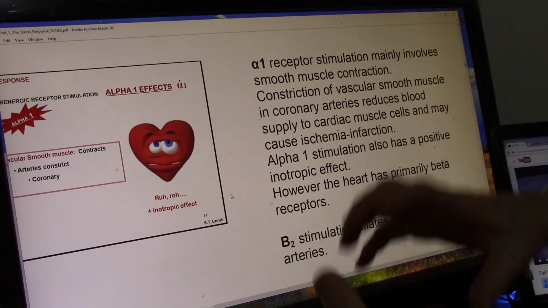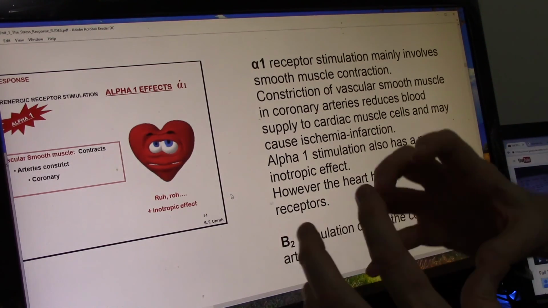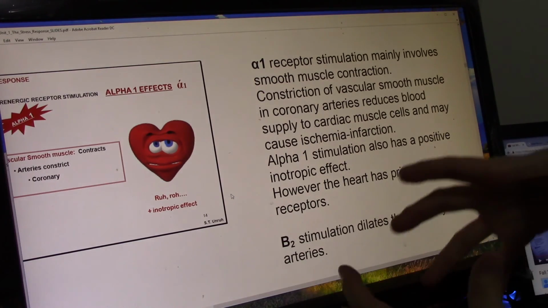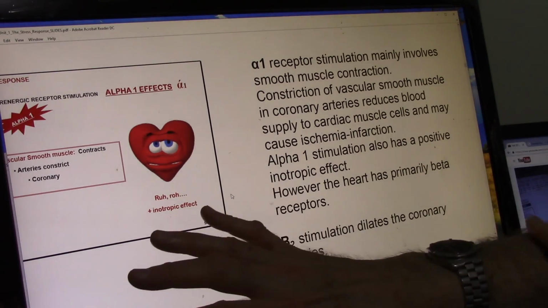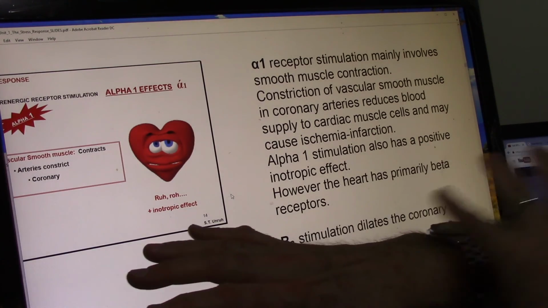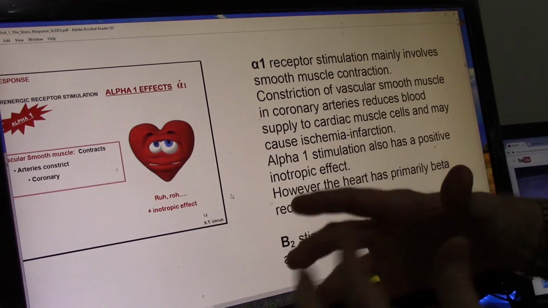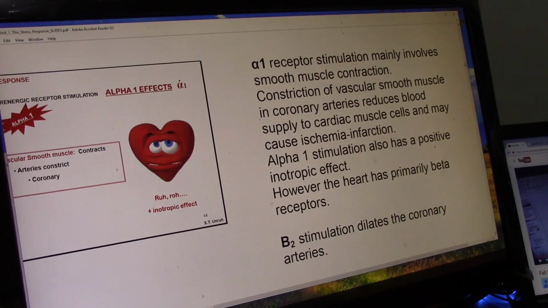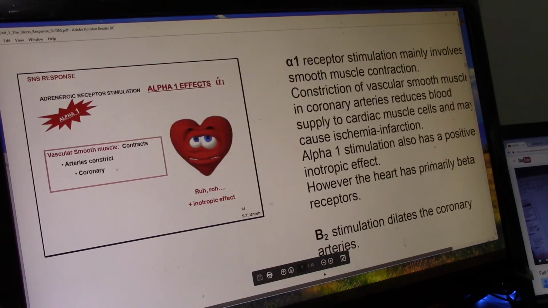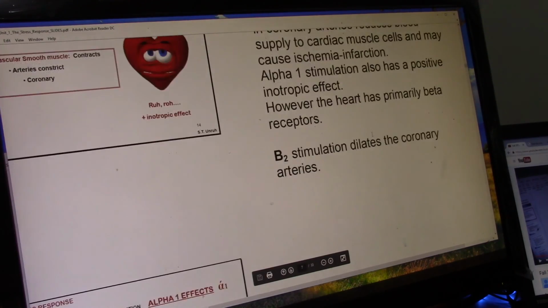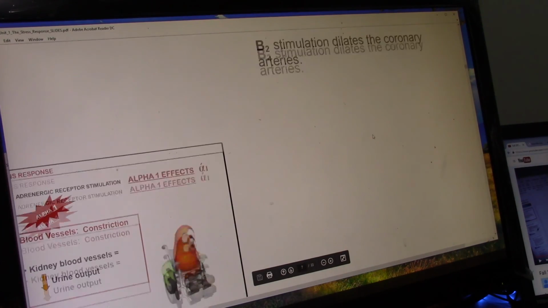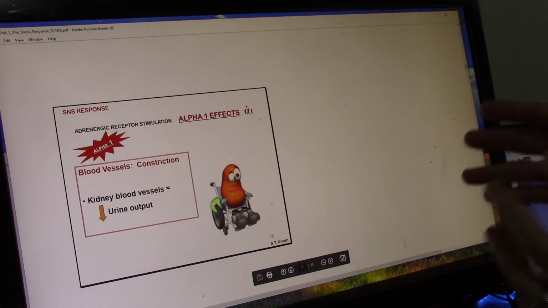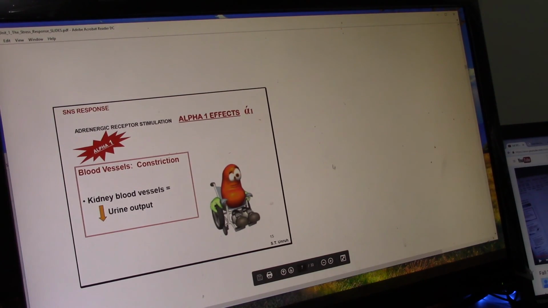So what's happening is we are getting an overall constriction of the blood vessels, but specific areas are actually being opened up. So the body is saying, I don't want the blood on the superficial part of the body, I want the blood flowing to the vital organs. So that's how this balances out. Because sometimes alpha 1, alpha 2, beta 1, and beta 2 will have contrary effects, and it just depends on which one is the stronger as to what the prevailing effect is going to be.